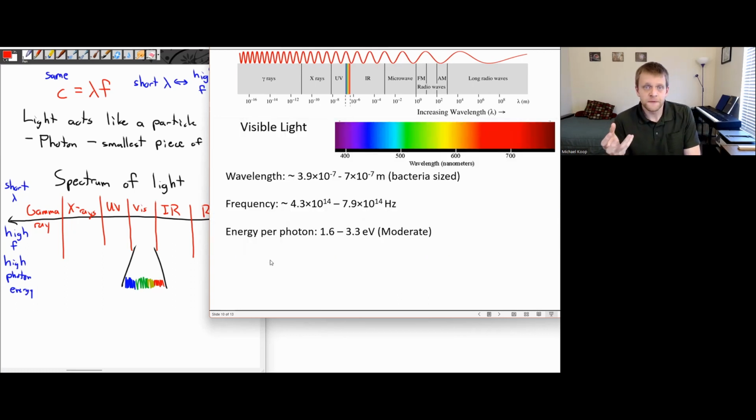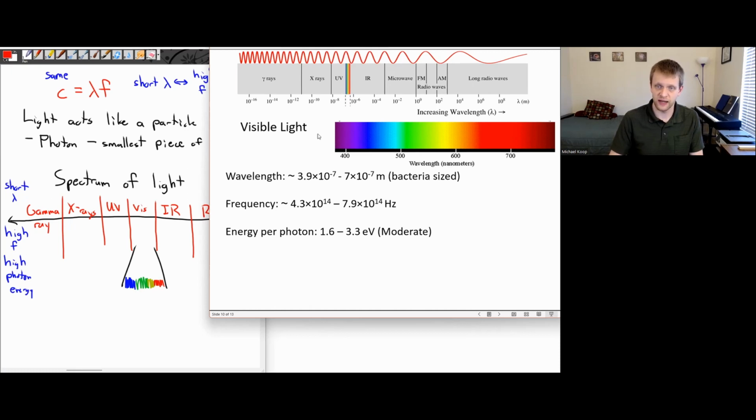For visible light, well, this is again the wavelengths, frequencies, and energies of light that our eyes have developed to respond to. And again, going from the shortest part of the visible spectrum, that's kind of violet and blue light, to the longest wavelength part of the visible spectrum, that's going to be red. You can actually use this to help memorize the order of these different parts of the spectrum.